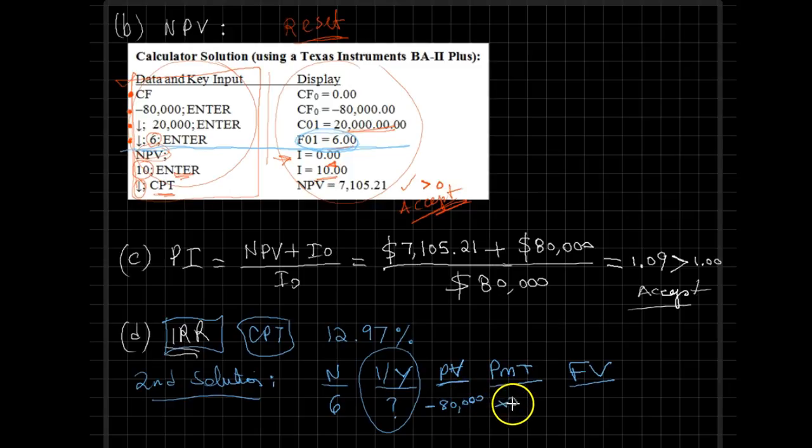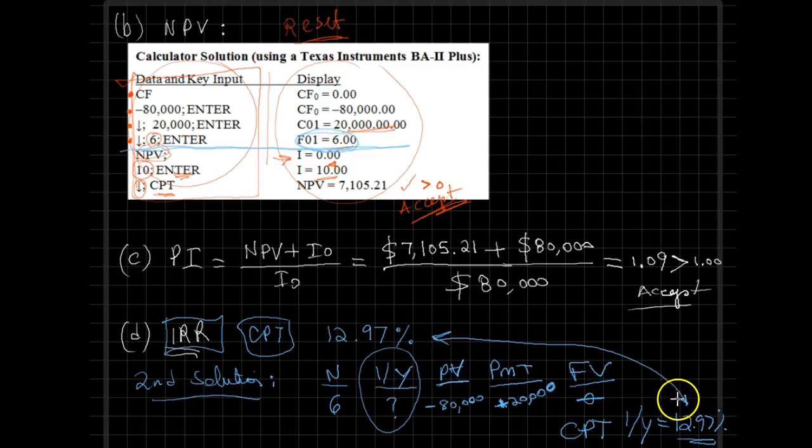And then the payments are $20,000, plus, that's why I added a plus sign at the beginning of that. And for the future value, the project will have a 0 salvage value. You compute I over Y, and you should get the same answer, 12.97%, in agreement with our first solution. So again, based on the IRR methodology, because 12.97% exceeds the required rate of return of 10%, we would say that the project is acceptable.